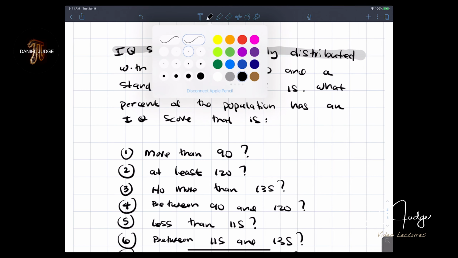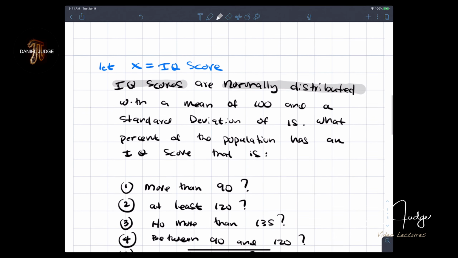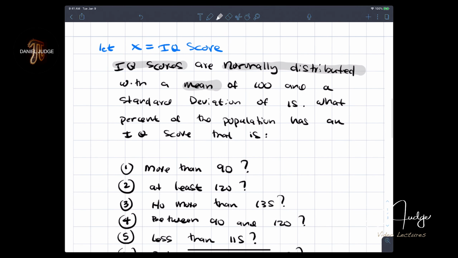Now, here's what this means to me when I first see this. That means X is going to represent IQ scores. Whatever they say to you is normally distributed, let that be your random variable X. Then you read that it has a mean of 100.